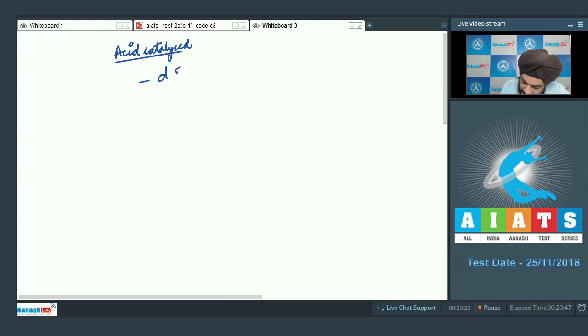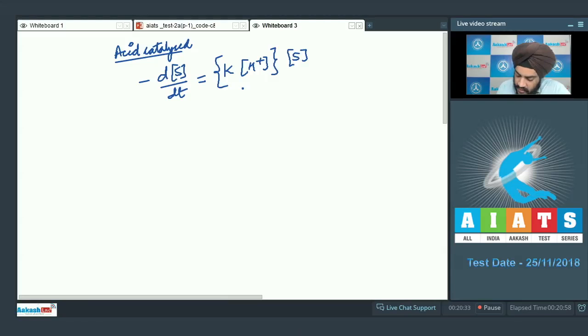So we have minus dS by dt, which is the rate of reaction. It is equal to K into concentration of H plus into concentration of S. So this value written under brackets is the K apparent value. So we have K apparent equal to K into H plus ion concentration.